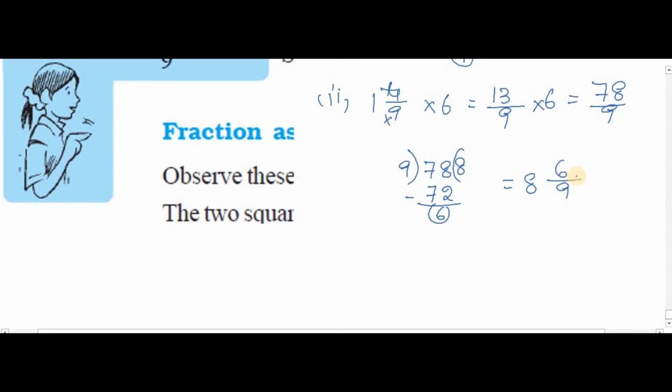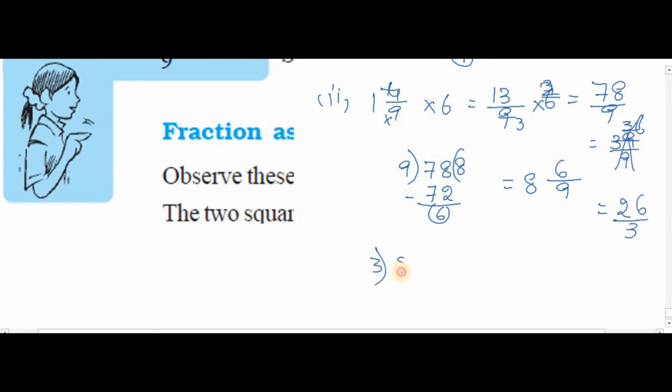And students, here we have cancellations. You can do cancellations also. 3 threes are 9, so 13 twos are 26 by 3.